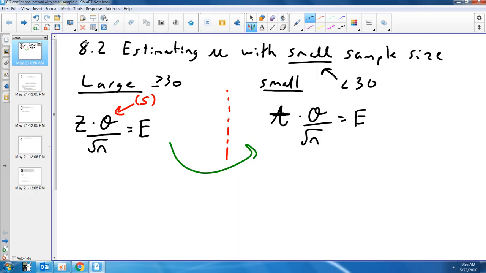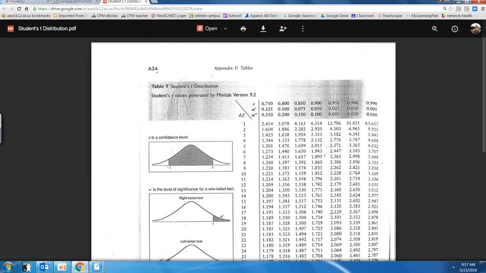So the next thing that we want to know is basically what's this new table look like and how do I use it? I'm going to talk a little bit about that, and then we're going to fill out this worksheet, and within about 7 to 10 minutes we'll be done here. So the new table says students T distribution, and it's in your packet.